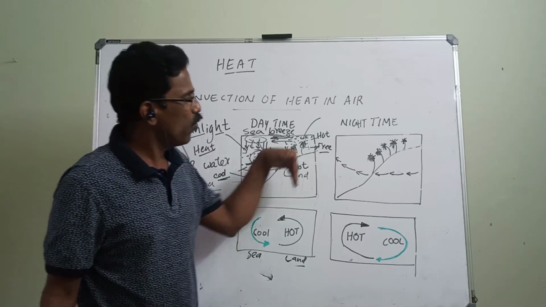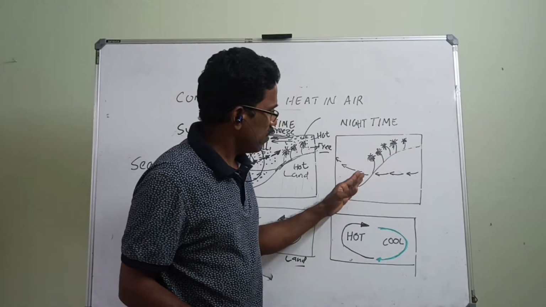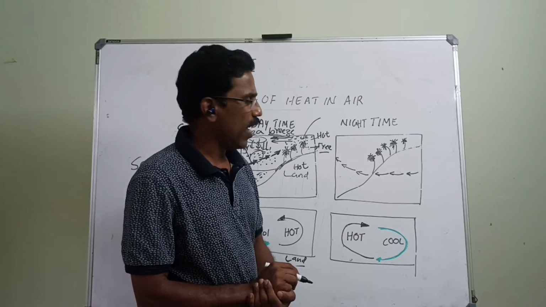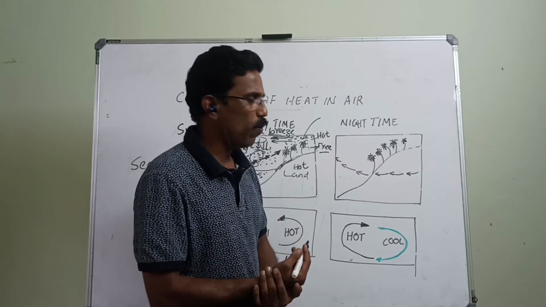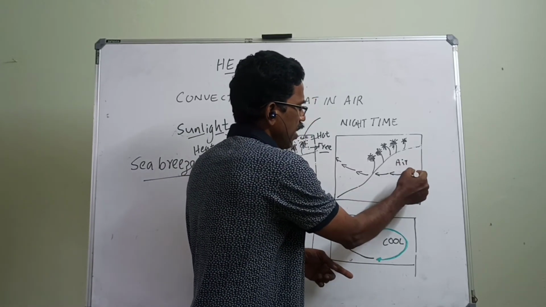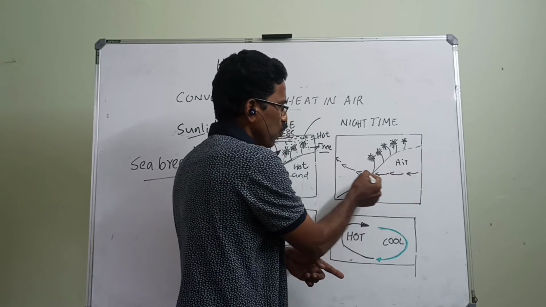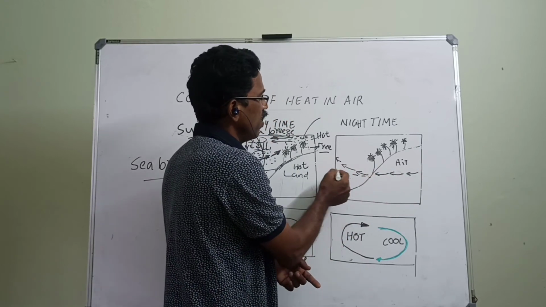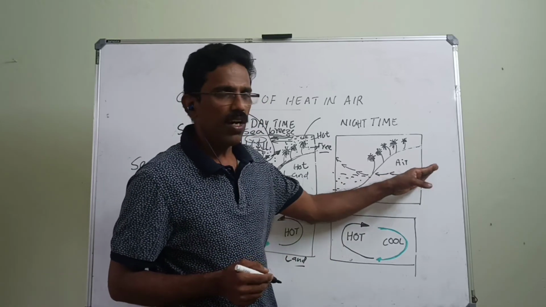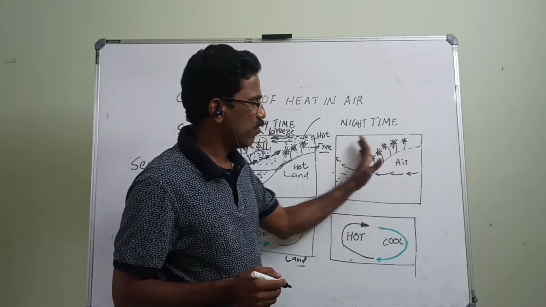Now what happens during night time? You can see that during night time just the opposite phenomenon happens. Air from the land area is moving towards the sea. Here there is the sea, and into this sea area the cool air from the land is blowing.